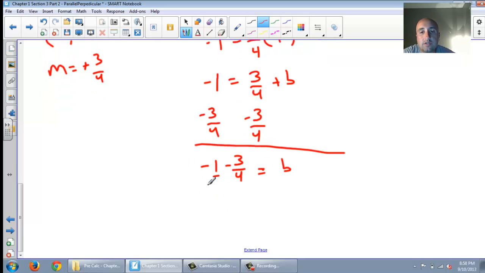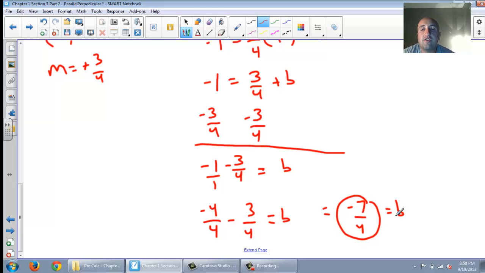Put this over 1, we have 4. Negative 1 over 1 is the same as negative 4 over 4, and the second one stays the same. So we have negative 4/4 minus 3/4 is negative 7/4, which is our new b value.